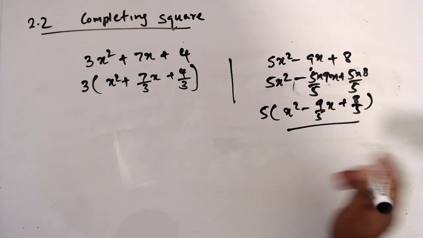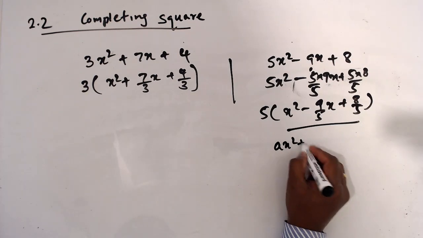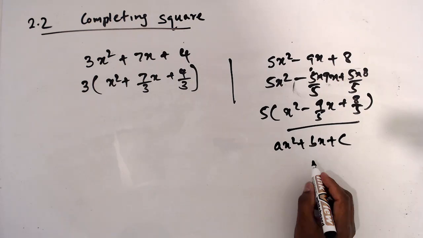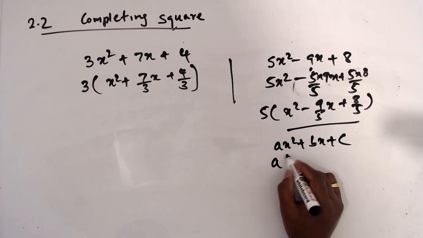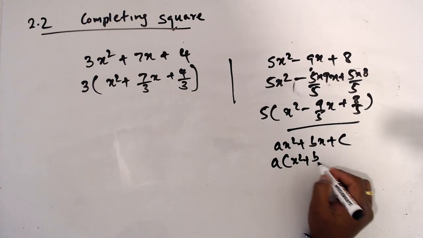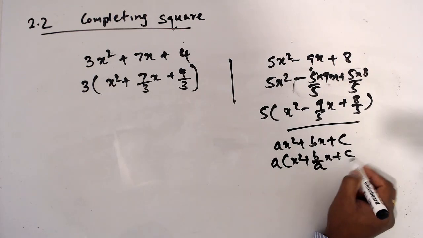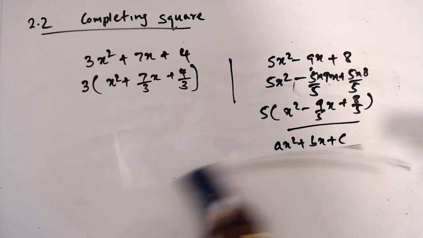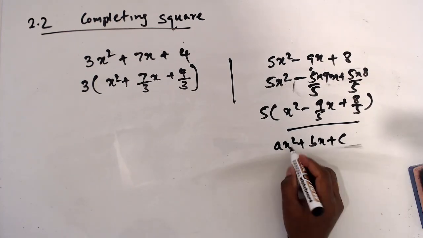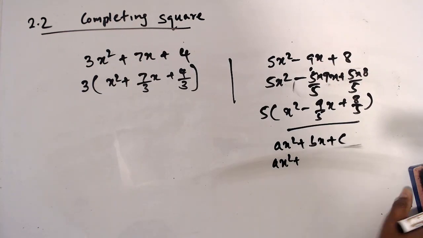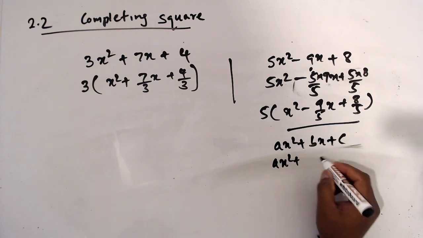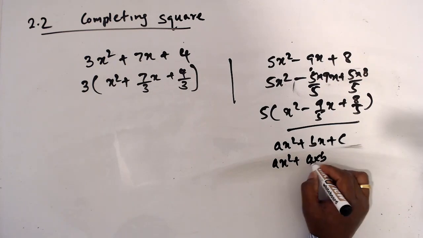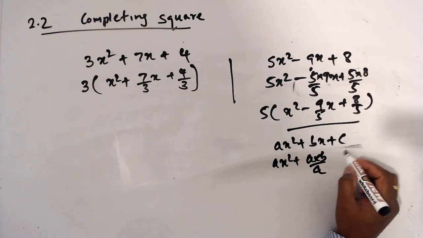Another one. ax square plus bx plus c. How do you take a out? You take a out, then x square plus b over a x plus c over a. So basically in ax square plus bx plus c, there is no a to take out from the others, so I multiply by a and divide by a.